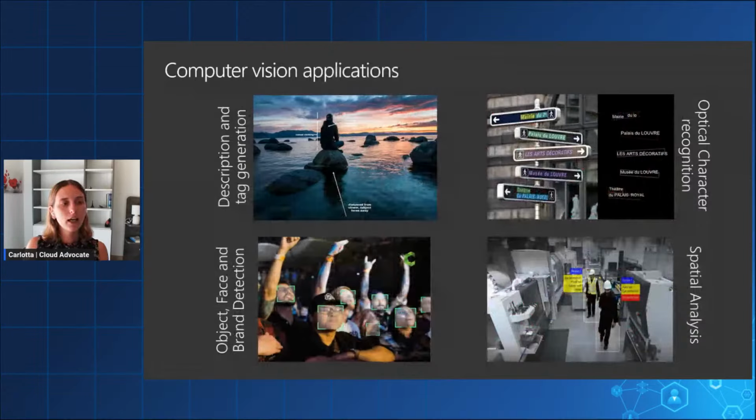And then you have image metadata, color, and type analysis, determining the format and size of an image, its dominant color palette, and whether it contains clip art. So a lot of applications for Azure AI Vision. This is an overview of what you can do with this service in the computer vision domain.